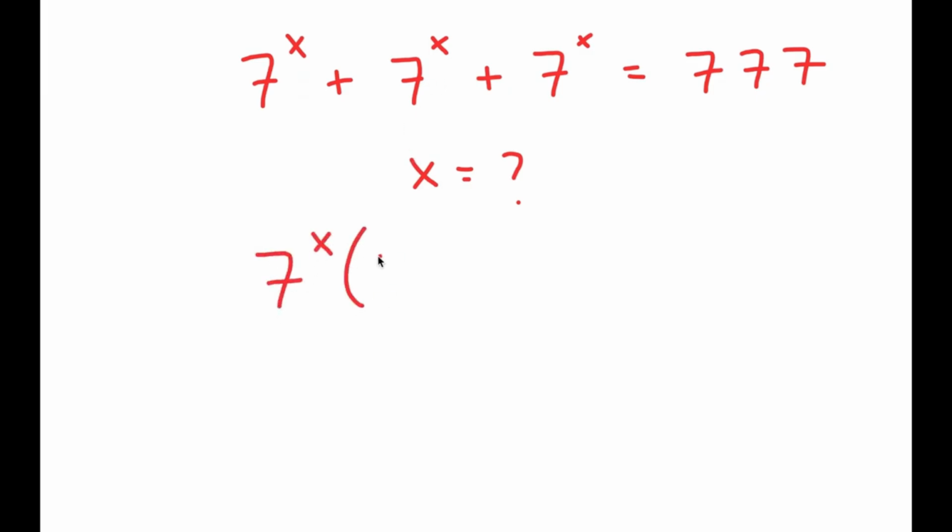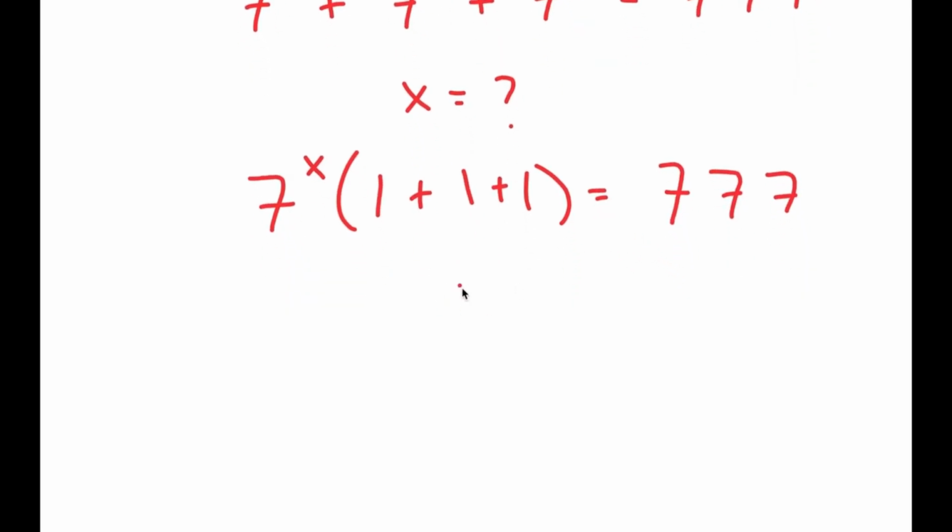So now I get 7 to the power of x times, and 7 to the power of x divided by 7 to the power of x is 1. So I have (1 plus 1 plus 1) is equal to 777. Now 1 plus 1 plus 1 is 3. So I get 3 times 7 to the power of x is equal to 777.